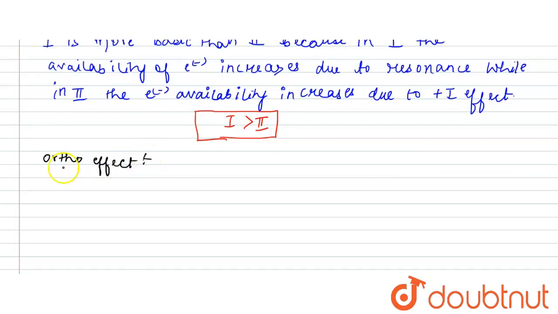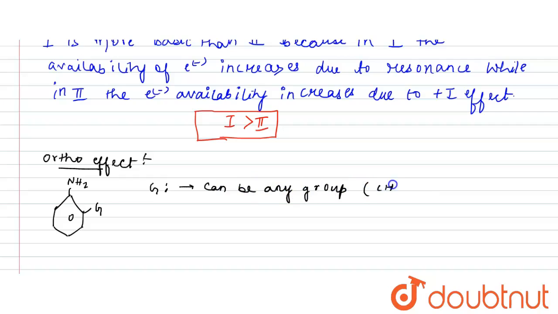Now what is this ortho effect? Whenever you have an NH2 group attached at this position, and at this position any group, let's say G, can be any group, attached. For example, let's take it as CH3.